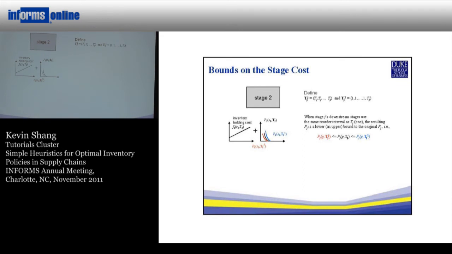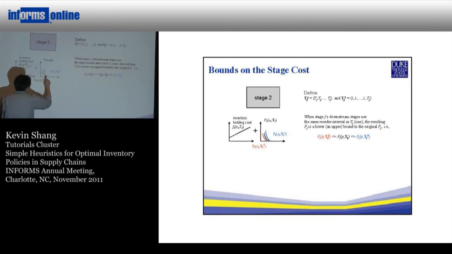What we found is as follows. If the stage j's downstream stages use the same reorder interval as Tj, the resulting penalty is a lower bound to the original.